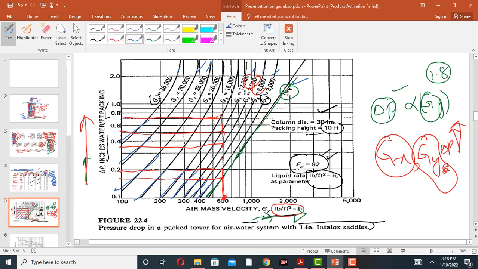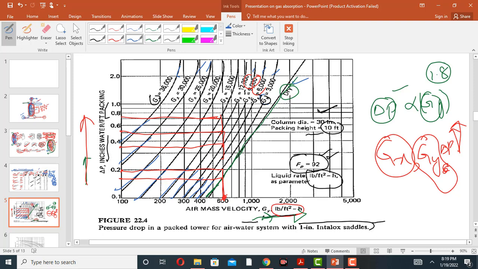This is because when water is coming from the top to the packed tower, the void fraction will fill with water. So when the void fraction is filled with water, there will be no space for gas to pass through the packing material.